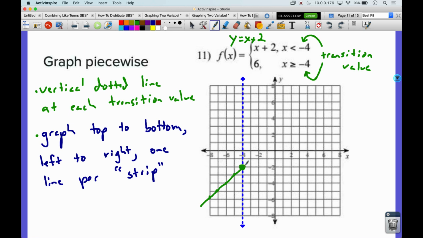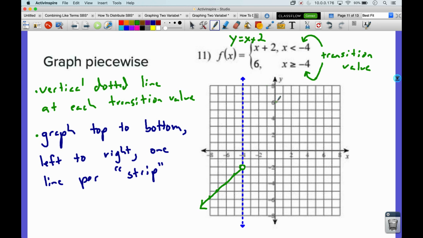So should we include this point based off of that inequality right there? Well, that doesn't have the or equal to, so this is the one that is left open. And then where this line runs into our dotted line, it's going to get the closed dot. So there is piece number 1. That is the line y equals x plus 2, but it's only valid up until x exceeds -4.